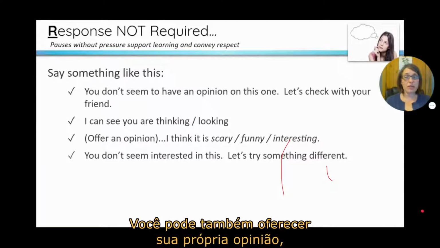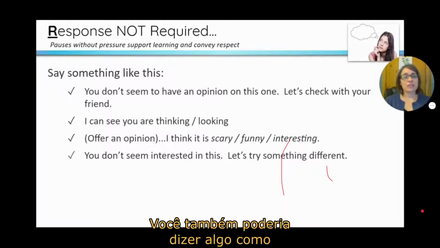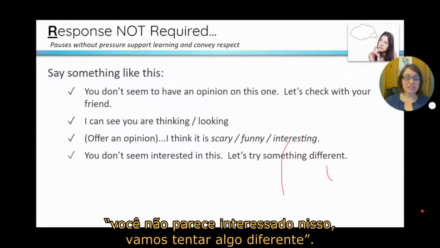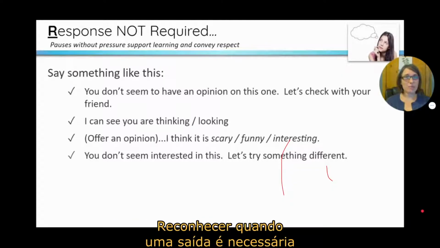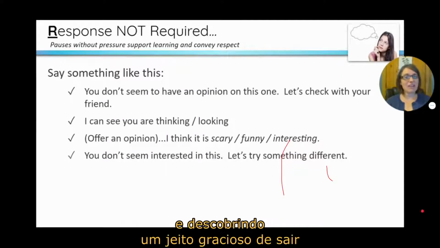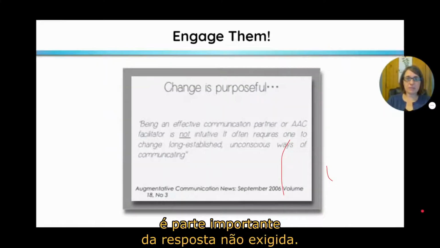You might also offer your own opinion. I think that is scary, or funny, or interesting. You could also say something along the lines of, you don't seem interested in this. Let's try something different. So recognizing when an out may be needed, and then figuring out a gracious way to do that is an important part of response not required.